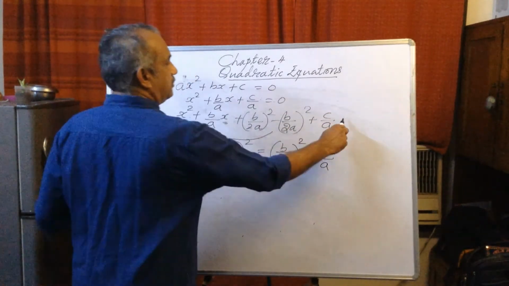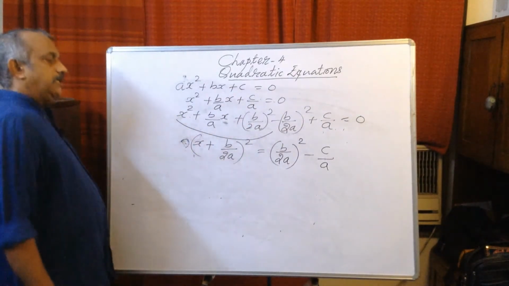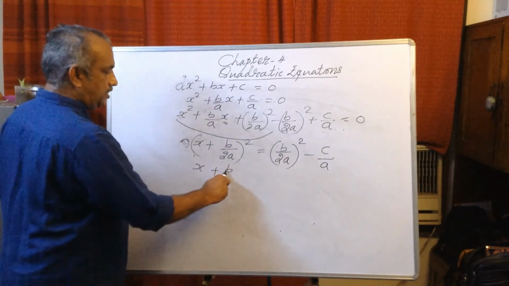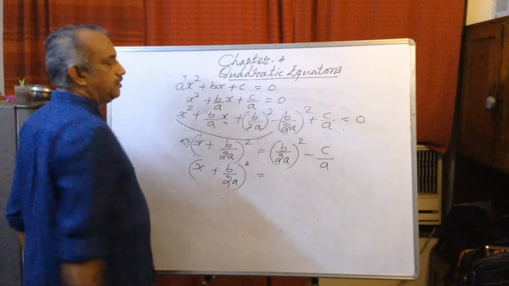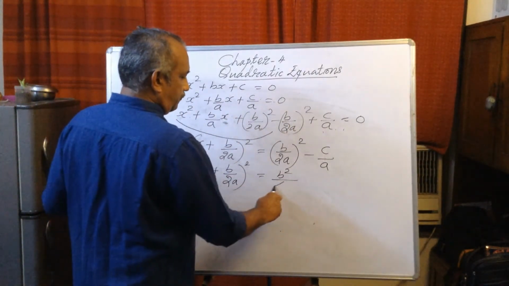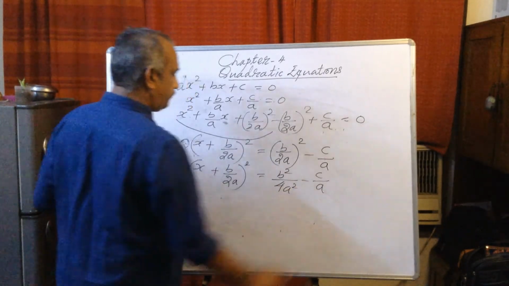Here it is minus, that will become plus, and plus c upon a will become minus. Now again, x plus b upon 2a the whole square is equal to, now I am going to take square, b square upon 4a square minus c upon a.